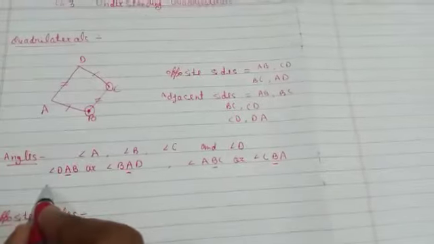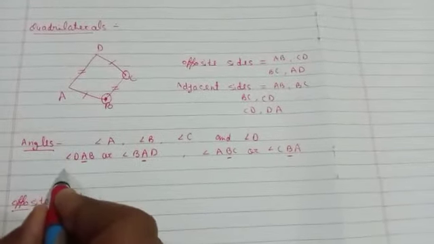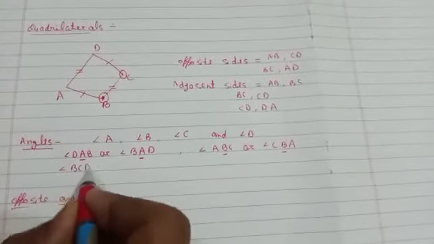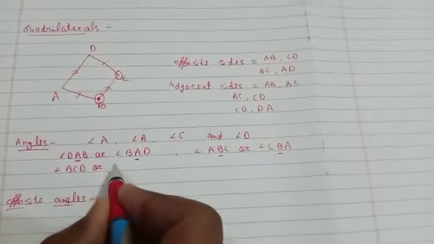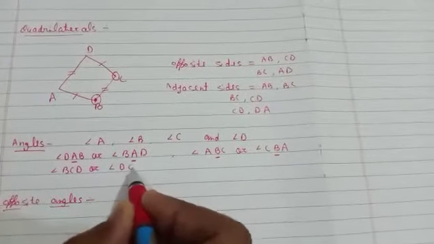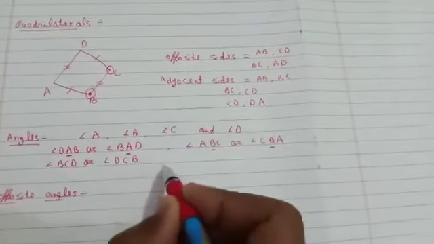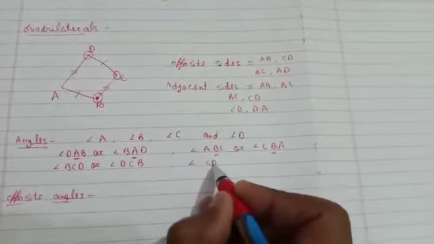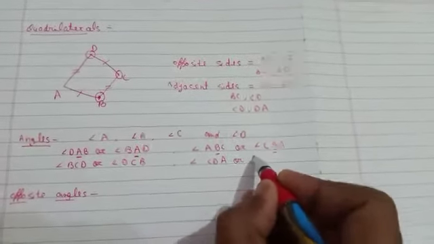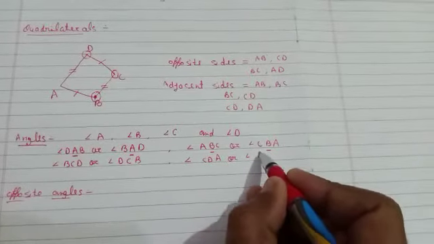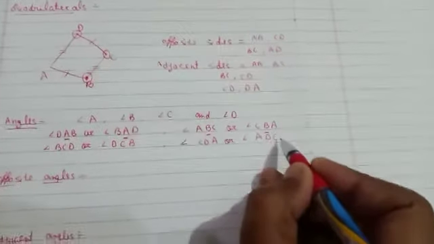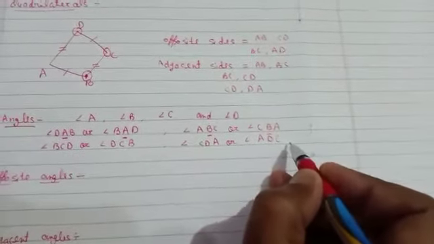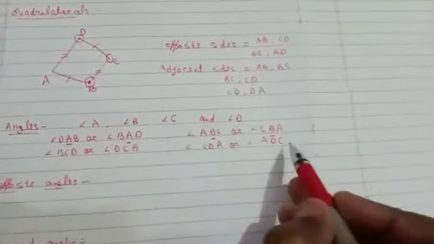Same as for angle C, we have angle BCD or angle DCB, and for angle D we have angle CDA or angle ADC, right?